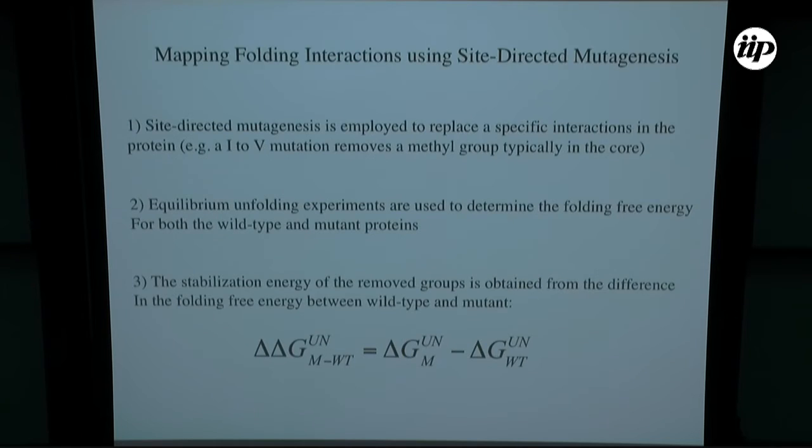Okay. Now the other thing that you can do with this is use site-directed mutagenesis to try to find information about the structure of this transition state. And the idea here is to use the same principles of physical organic chemistry, which is this idea that you can look at the reactivity, and from the reactivity you can infer properties that are related to the free energy of the transition state, and that will tell you some information about the structure if you can connect one with the other.